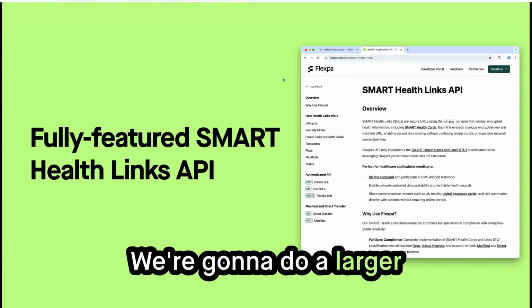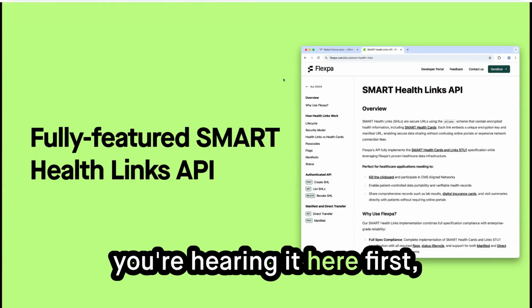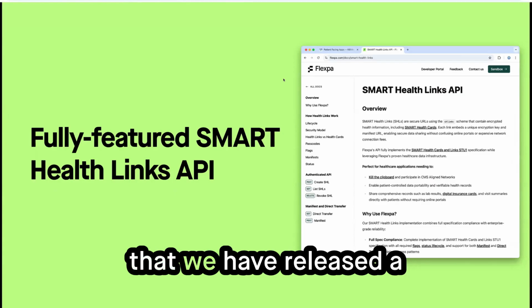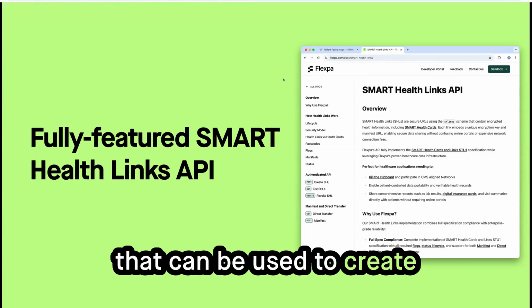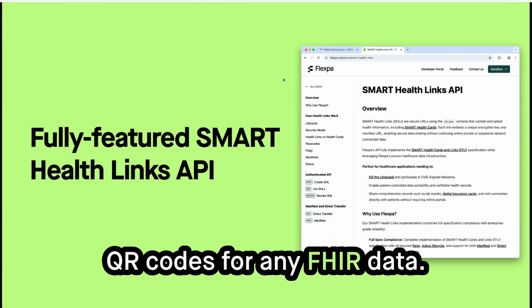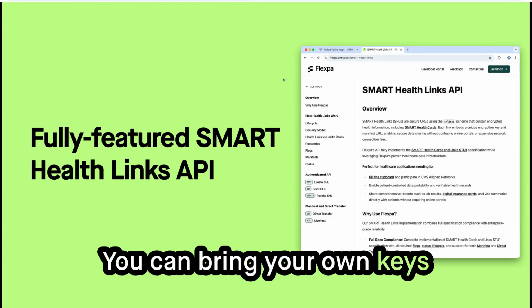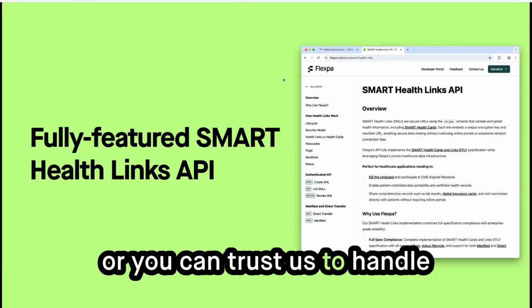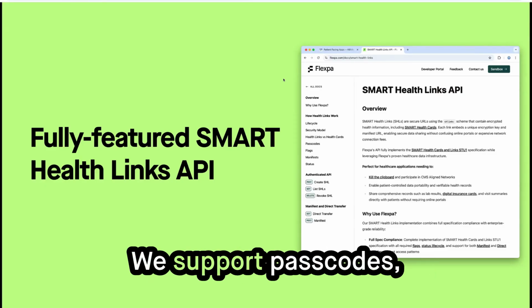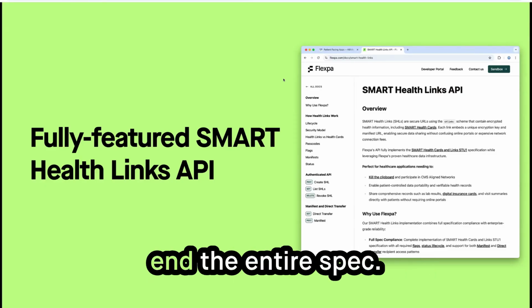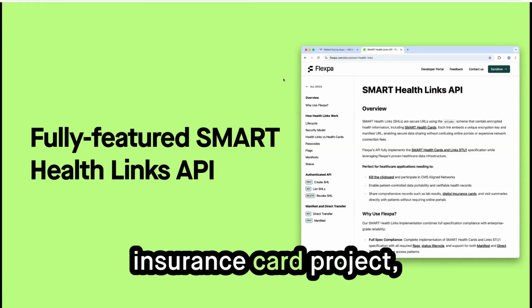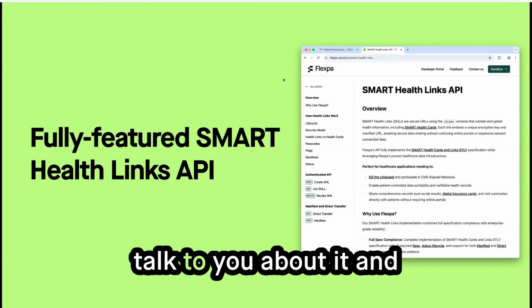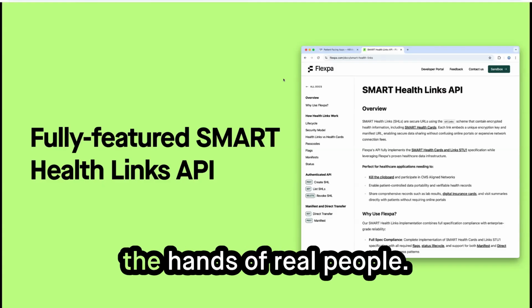We're going to do a larger announcement, but you're hearing it here first, that we have released a SMART Health Links API that can be used to create QR codes for any FHIR data. You can bring your own keys, or you can trust us to handle the encryption for you. We support passcodes. We support end-to-end the entire spec. And so if you're working on, for example, a digital insurance card project, we'd certainly love to talk to you about it and how to get those into the hands of real people.